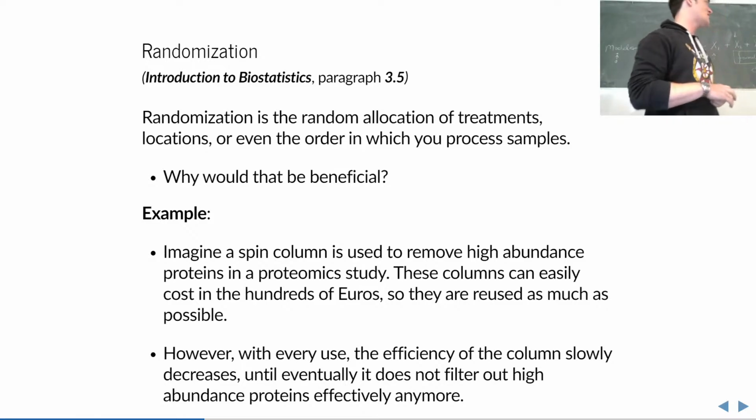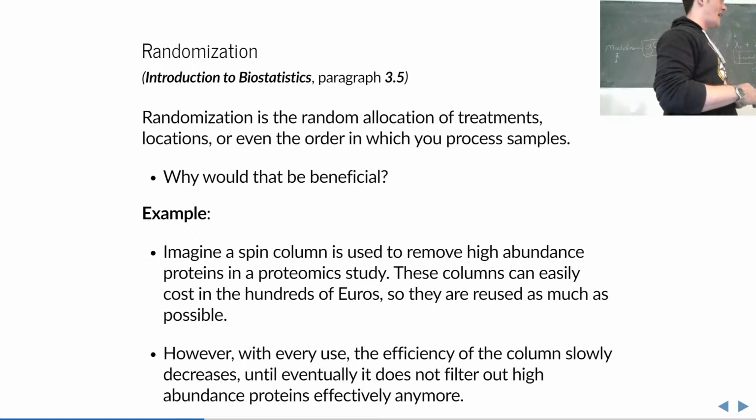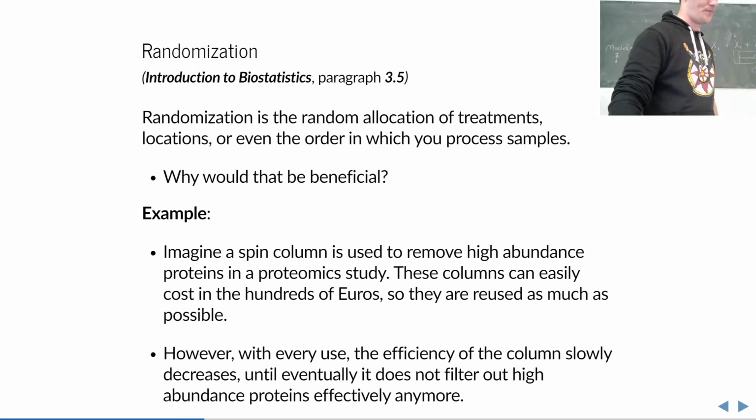Now, if you reuse the column, you can wash it again, but whatever you do, the efficiency of the column will slowly decrease. And a column that has been used 100 times has an efficiency of, well, less than half of a new column. So that will constitute a very important difference that might confound the difference that you're interested in, of the groups you're studying, for example.